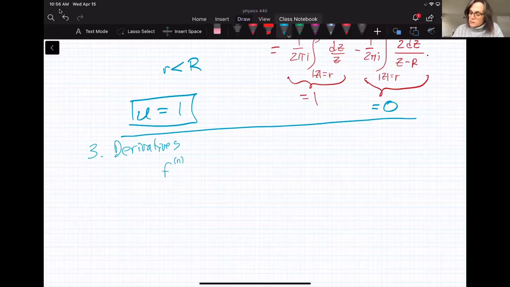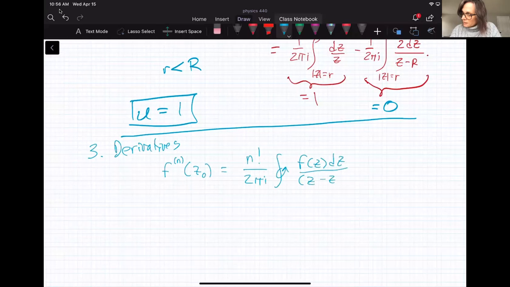So we can consider the value of the nth derivative evaluated at z naught, wherever that point of interest is, equal to n factorial over 2 pi i times the contour integration of f of z dz over (z minus z naught) to the n plus 1.